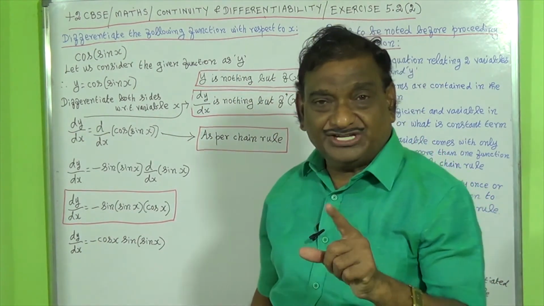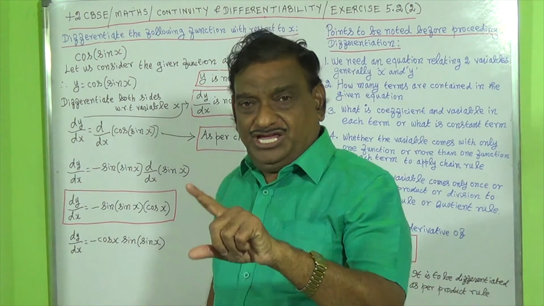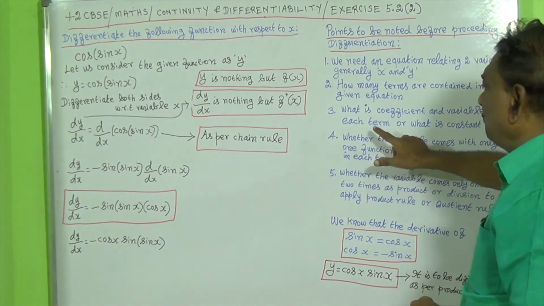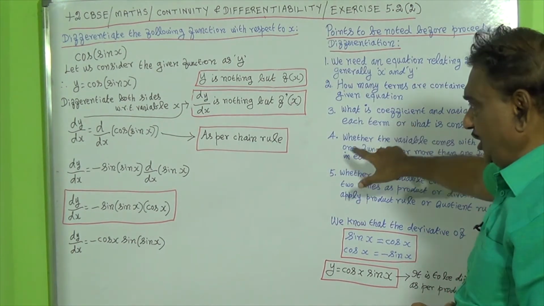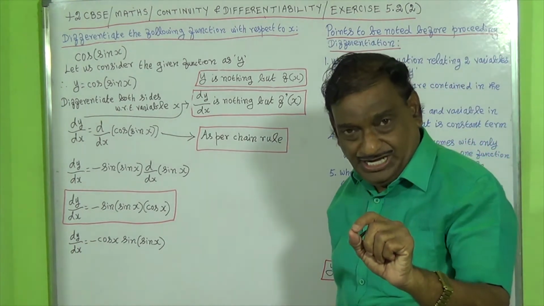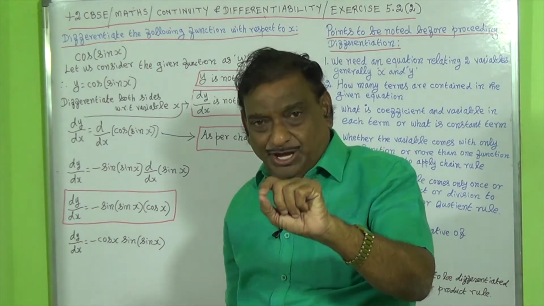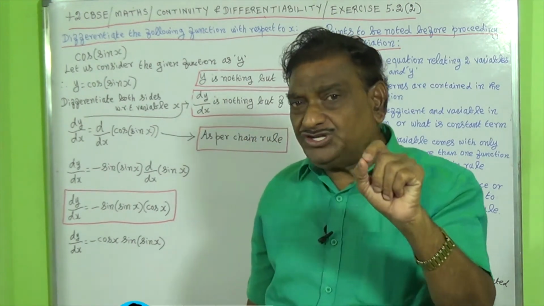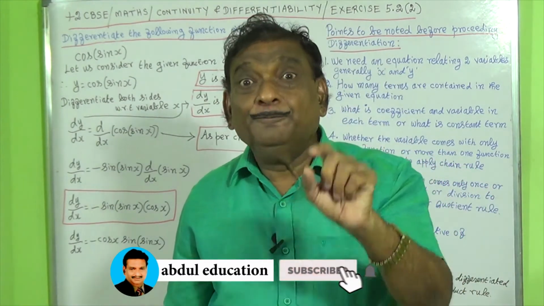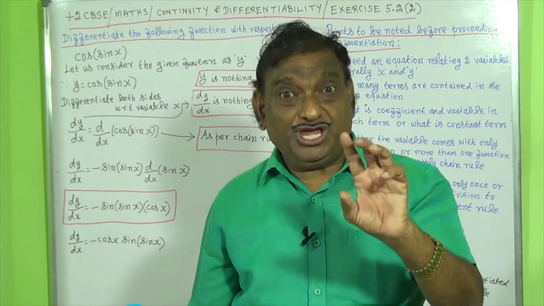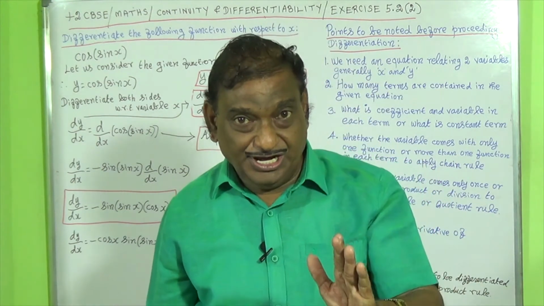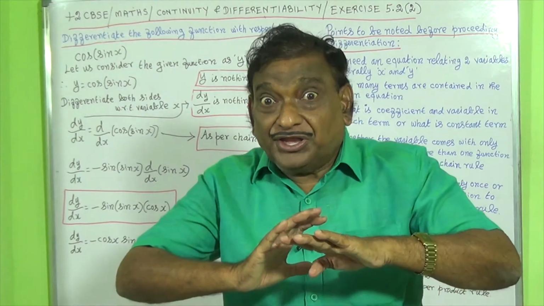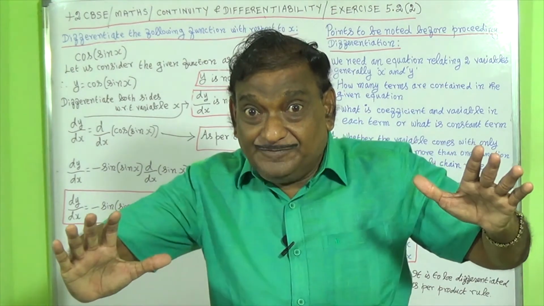Then coming to the right side, the function is cos of sin x. Then the next point is we have to see what is the coefficient, what is the variable, and what is the constant term. Why should we see these facts? Because on differentiation, the coefficient, the variable and the constant term should be treated differently.